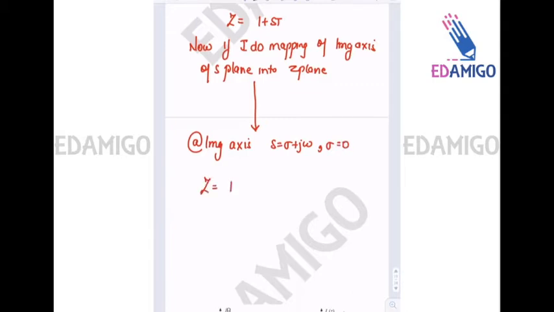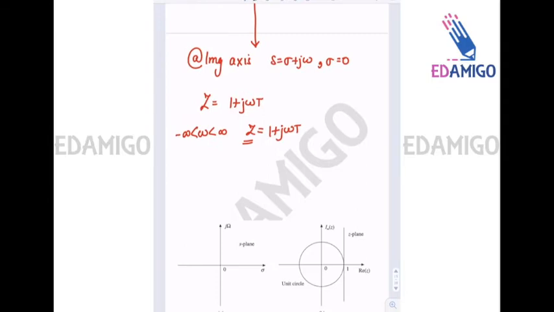So in the Z plane it will be 1 plus j omega T, and since omega goes from minus infinity to infinity, z is equal to 1 plus j omega T. So we can say that the real part of z is 1 and the imaginary part of z is omega T. So the mapping of the imaginary axis of the S plane is into a straight line on the z plane like this.